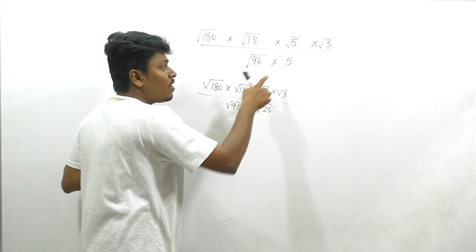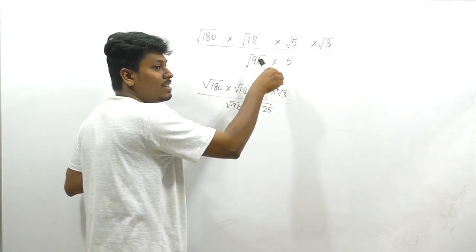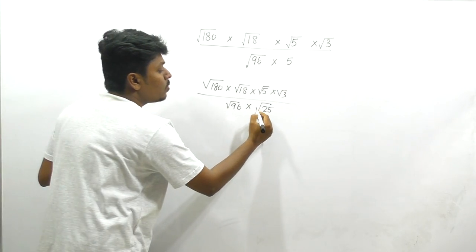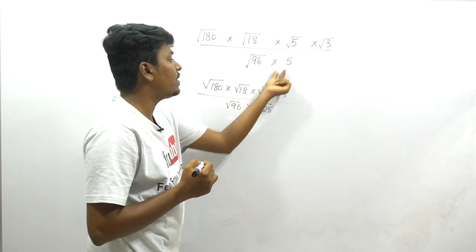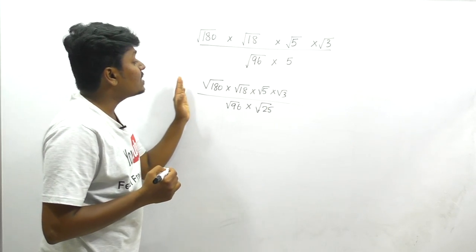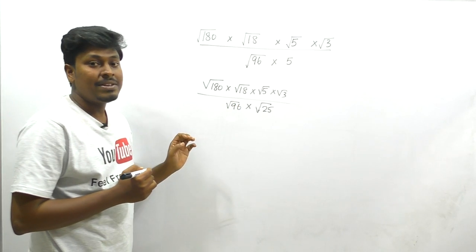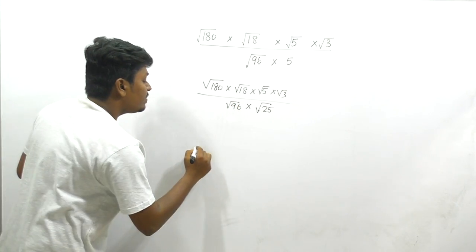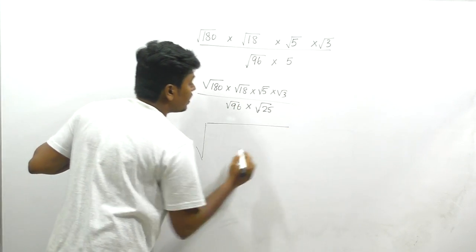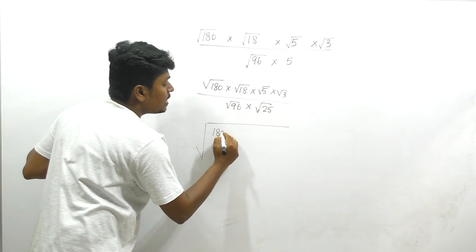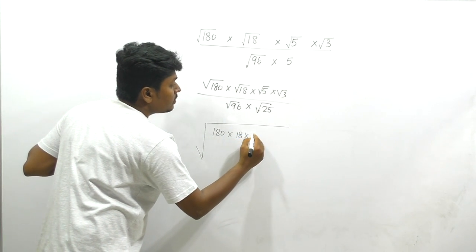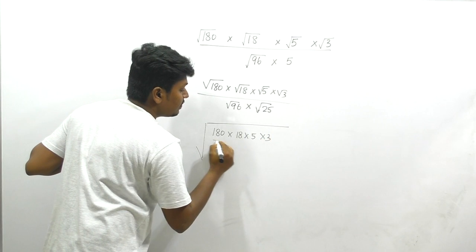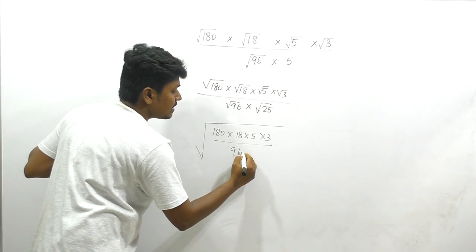We know that root of 25 is 5. Now we have converted all the values in the given simplification inside the root. So I am going to put a common root here, and I am going to write 180 into 18 into 5 into 3 divided by 96 into 25.